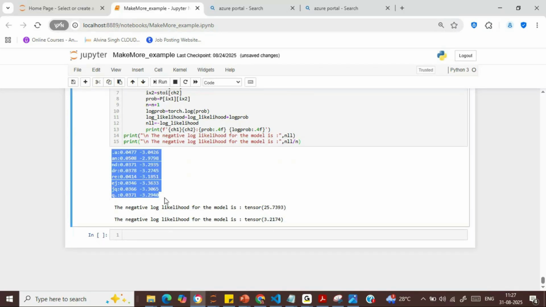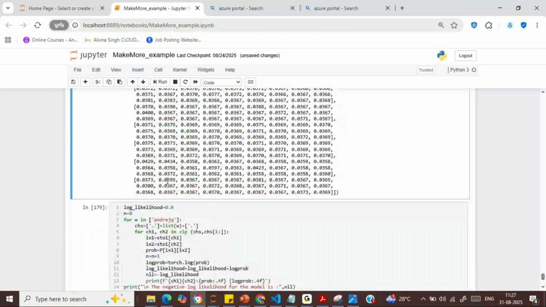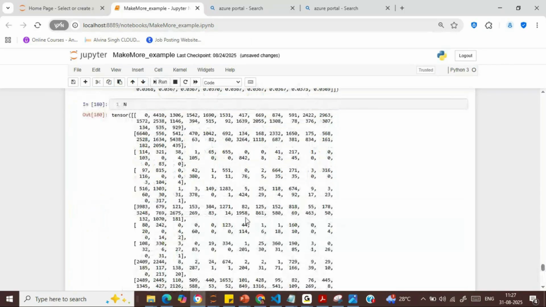Over here I have added a particular number to the given tensor. It will be added to each and every element. Previously the count was 0, n was 0, and at this moment n will have certain values.